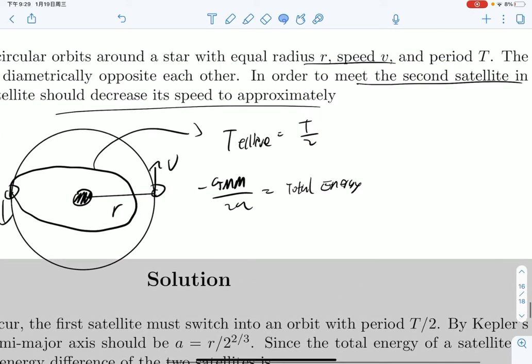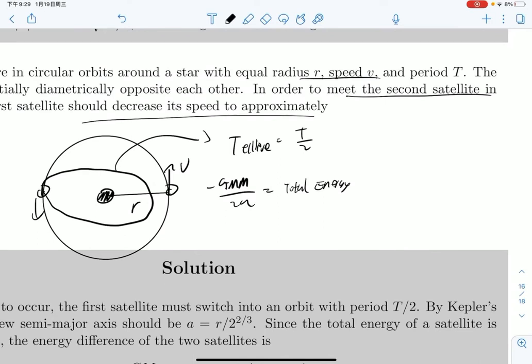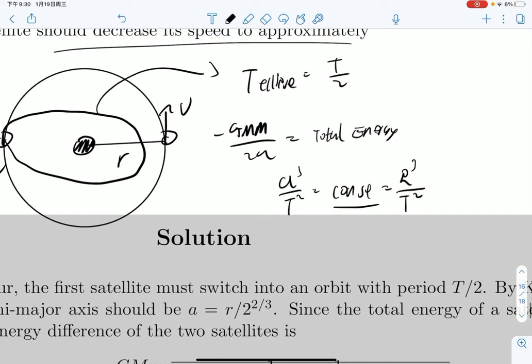And you will also need to know that a cubed divided by T squared is equal to a constant. And this is equal to r cubed divided by t squared. So this is equal to a cubed divided by t ellipse squared.